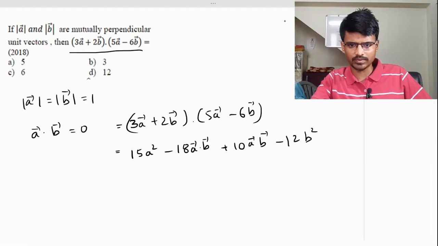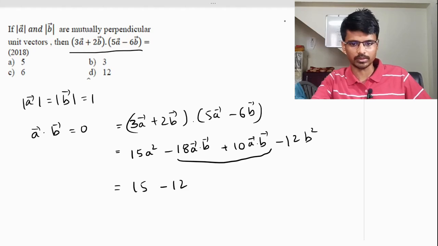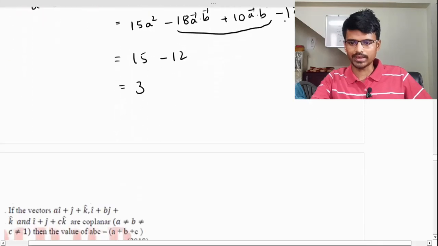So these two are 0 because the dot product is 0. So I have got 15a square, and the magnitude of vector a is 1. So this is just 15 minus 12. Magnitude of vector b is also 1. 15 minus 12 is nothing but 3. So the correct answer is option B, that is 3. Okay, let's move on to the next question.